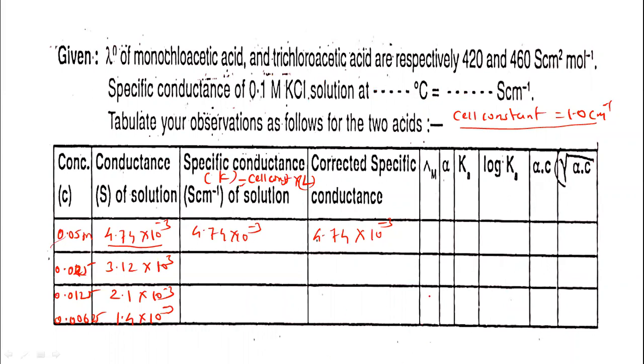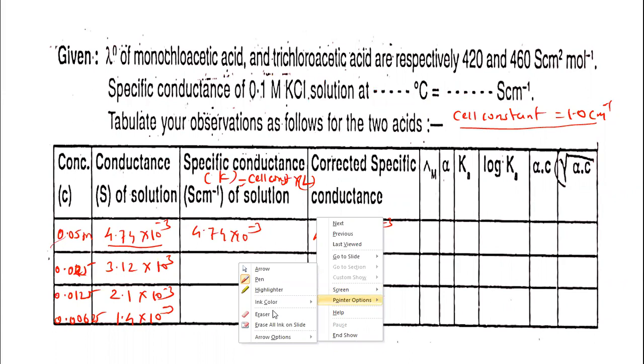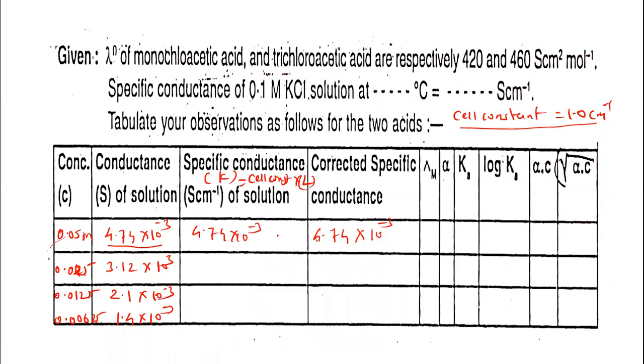Calculation part now: molar conductance of the solution. After doing the calculation of the corrected specific conductance, let us now do the calculation for molar conductance. So how can we determine the molar conductance here?